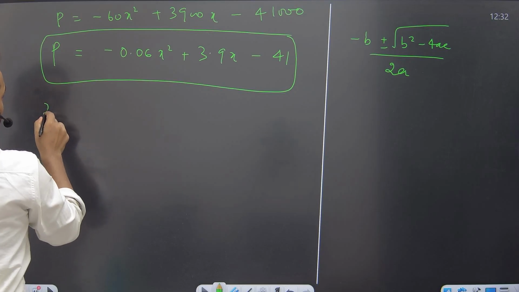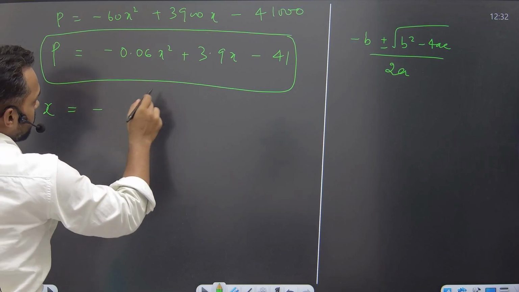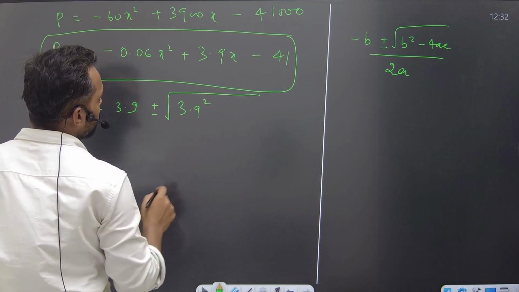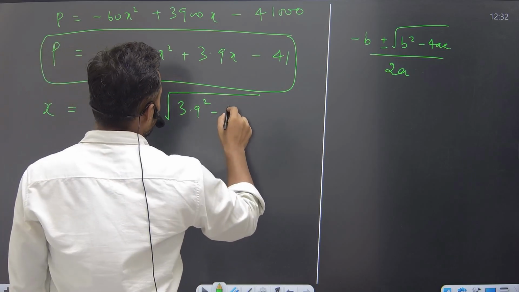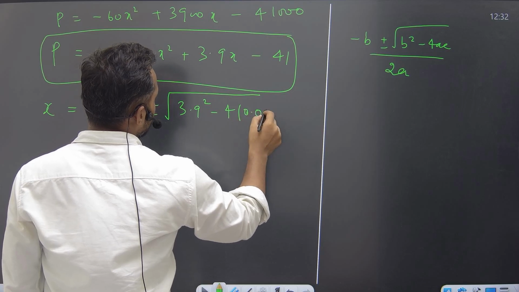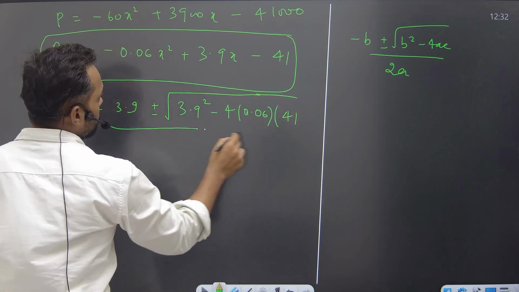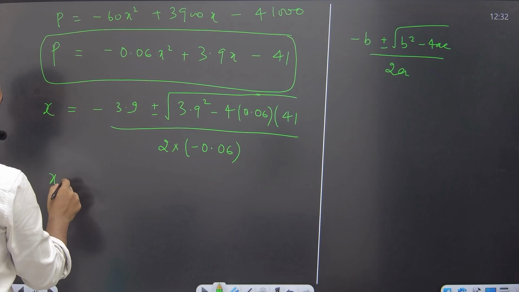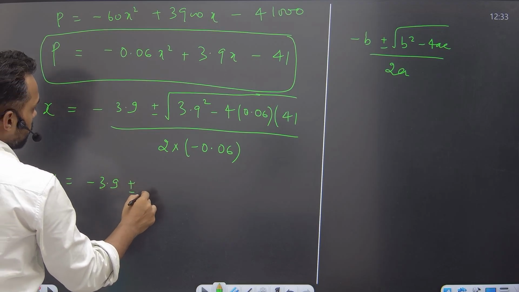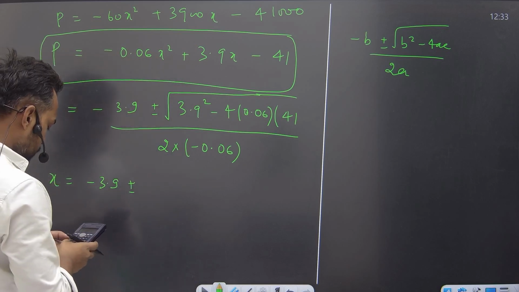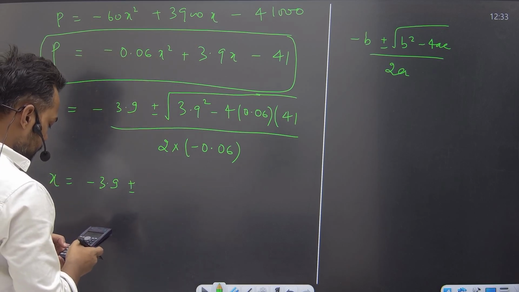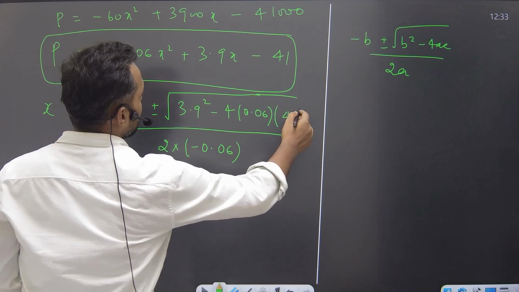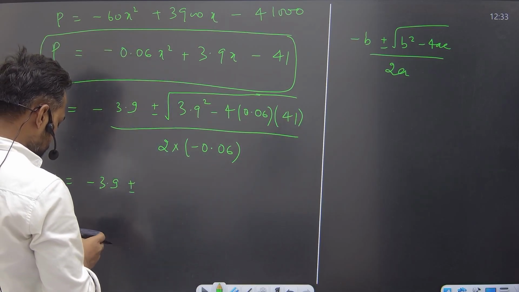So from here, what will be the possible values of x? It will be minus b, that is minus 3.9, plus or minus the square root of b square minus 4ac: 3.9 square minus 4 times 0.06 times 41, upon 2a, 2 times minus 0.06. So the x value will be minus 3.9 plus or minus, now we need to solve it, students, 3.9 square minus 4 times 0.06 times 41, that equals 5.37.